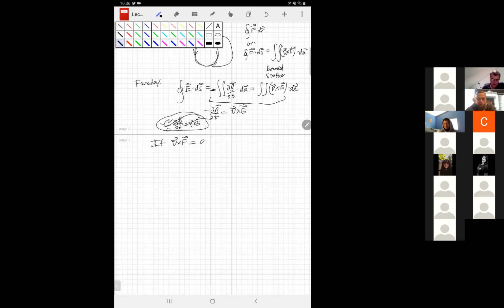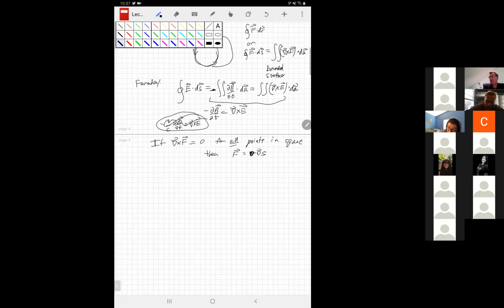If del cross F equals 0 for all points in space, then F equals the gradient of some scalar function S.